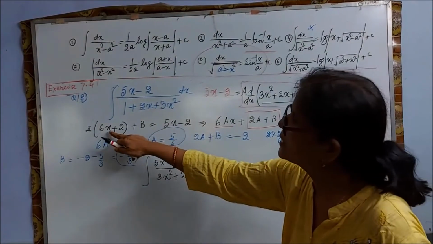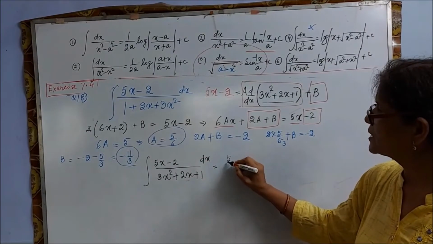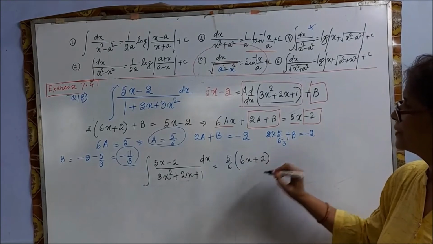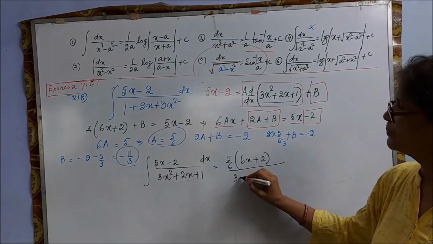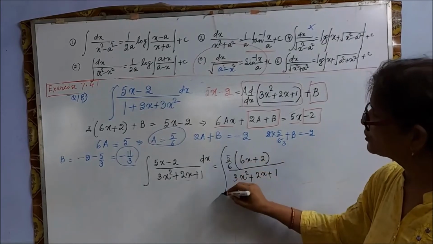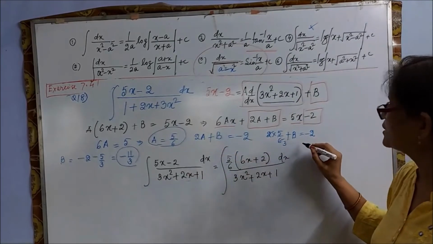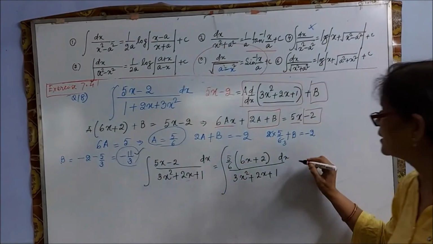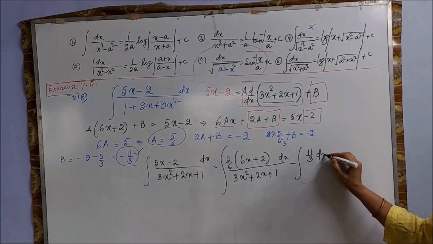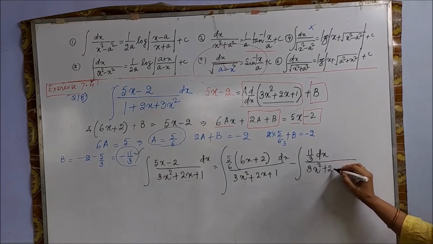So one is 6x plus 2, with a being 5 by 6, into 6x plus 2 upon 3x square plus 2x plus 1. And another part is only b. What is b? B is equal to minus 11 by 3. So minus 11 by 3 dx upon 3x square plus 2x plus 1.